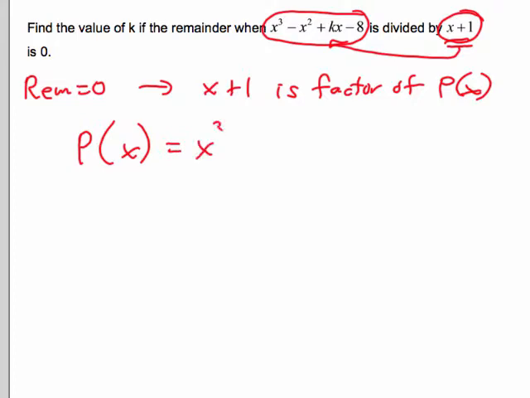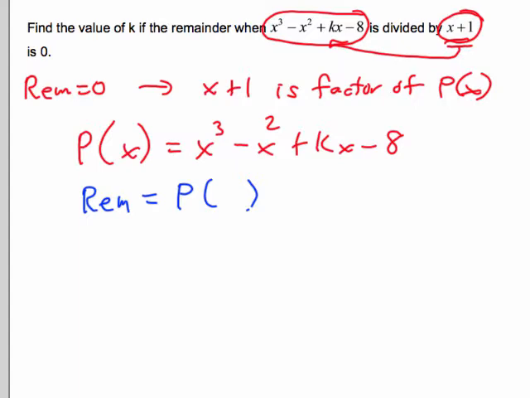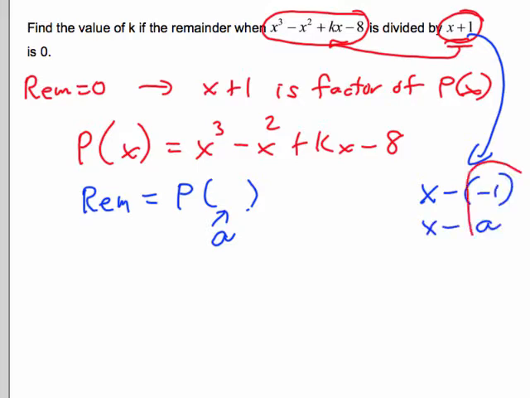So we're just identifying what all the pieces are. And the remainder theorem says that the remainder, when the division is done, is the same as the p of a value. And our a value, x minus a, is negative 1. So that's going in here, and our remainder is 0, we're told.